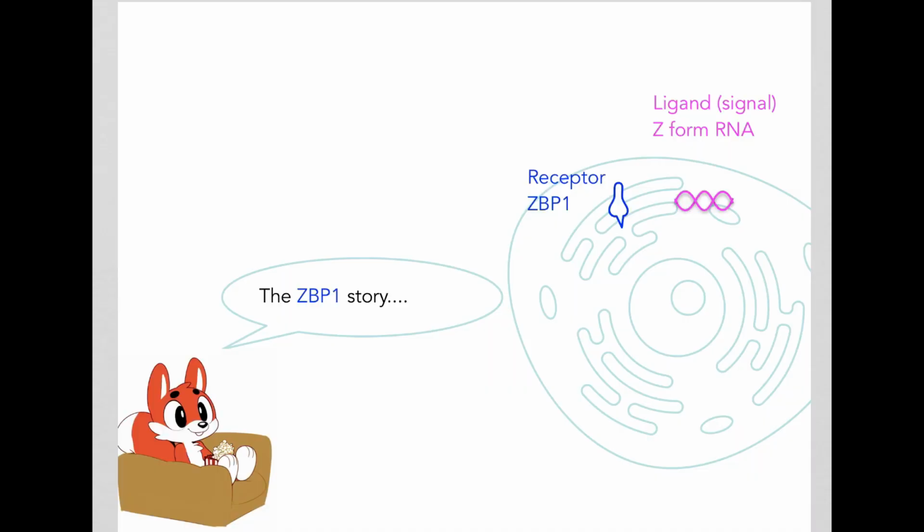Okay, so now let's look at the receptor Z-DNA binding protein 1 or ZBP1. And this is a receptor that binds the signal, which is a Z form of RNA.